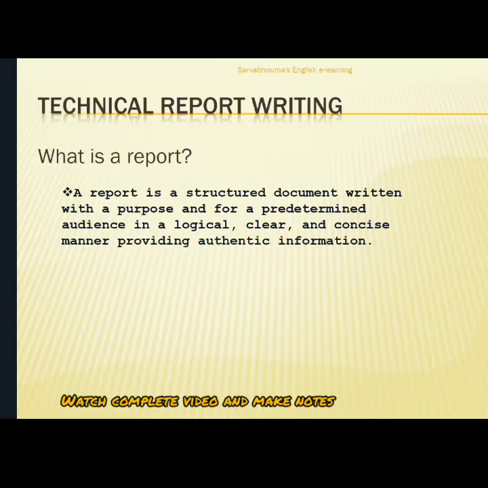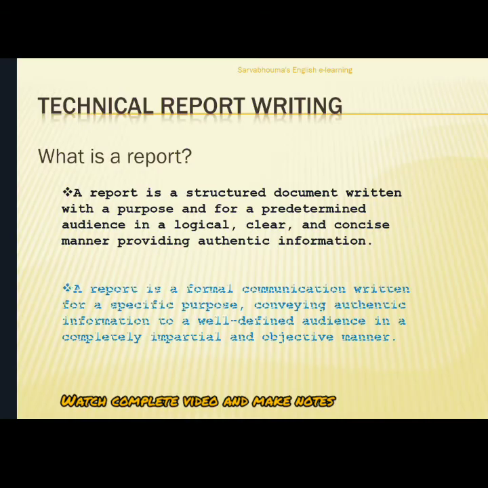One thing is clear, report writing is one of the most formal kinds of writing, where we have a fixed or predetermined audience, and it is specially made for that audience in a logical, clear and concise manner. It should be clear and accurate, and it must contain facts. On the basis of facts we write reports. It must provide authentic information.